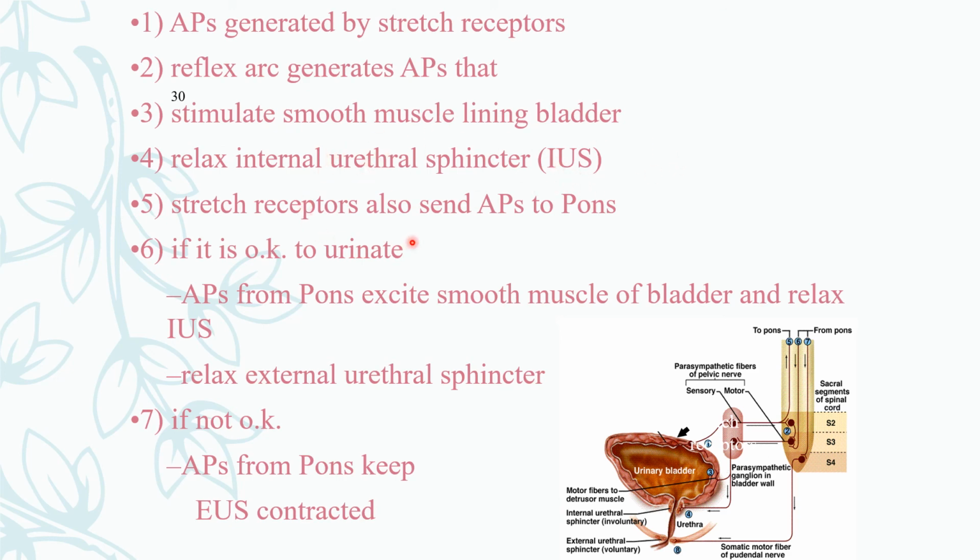And those stretch receptors are going to be activated. They'll send a signal up to the brain, and then you decide when it's okay to urinate. And as a result, that will cause the external urethral sphincter to relax and then release the urine. Okay, when it's not okay to pee, then you will keep the external urethral sphincter contracted until you decide it's the appropriate time to urinate.